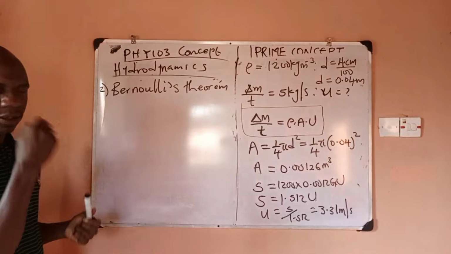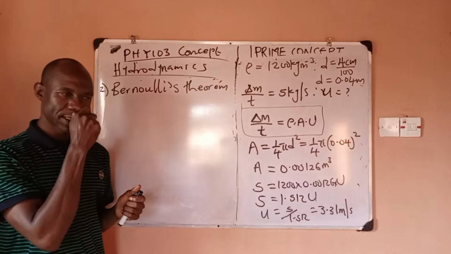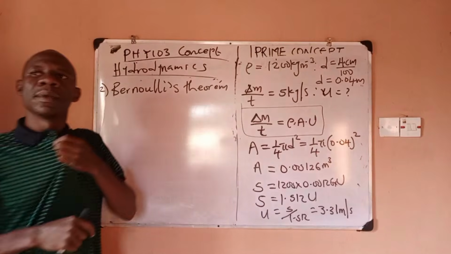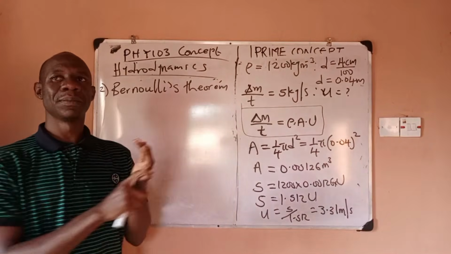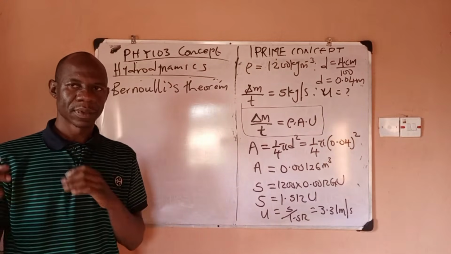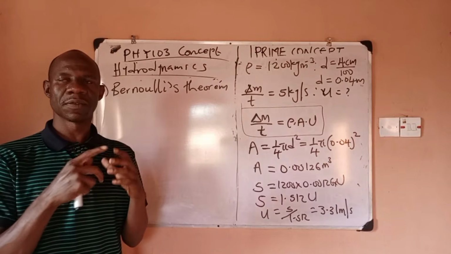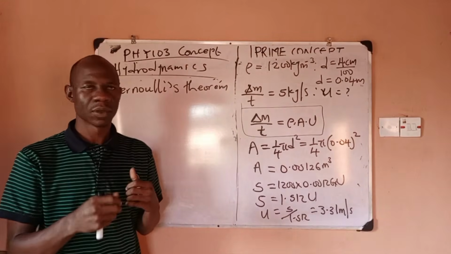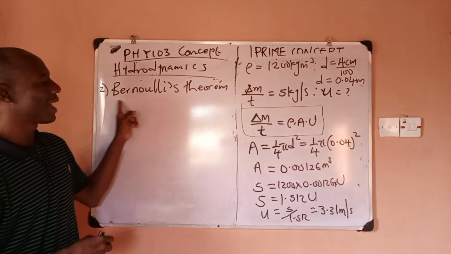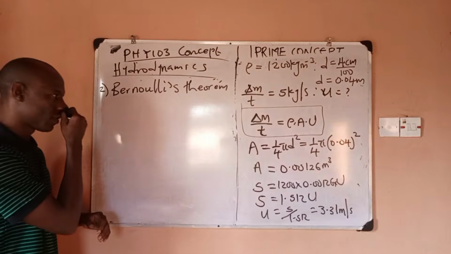So Bernoulli, of course, this is a family of wise scientists. You would know there's one of them called Daniel Bernoulli and other ones. So one of them is the person that did great work in maths. He worked to also give us Pascal's triangle. This family are family of scientists. They did a lot in science, Bernoulli's family.